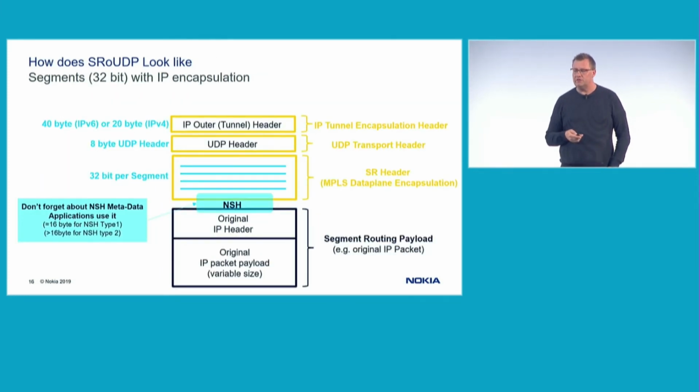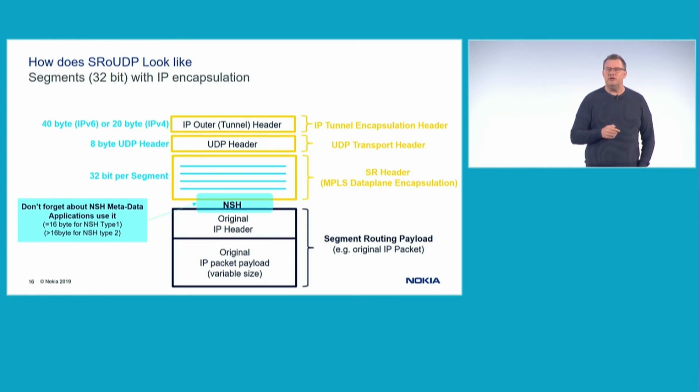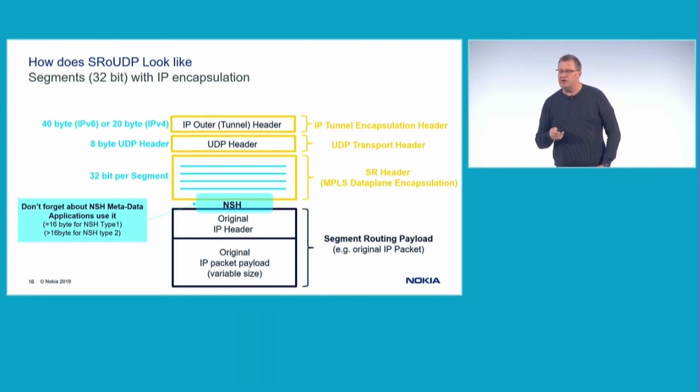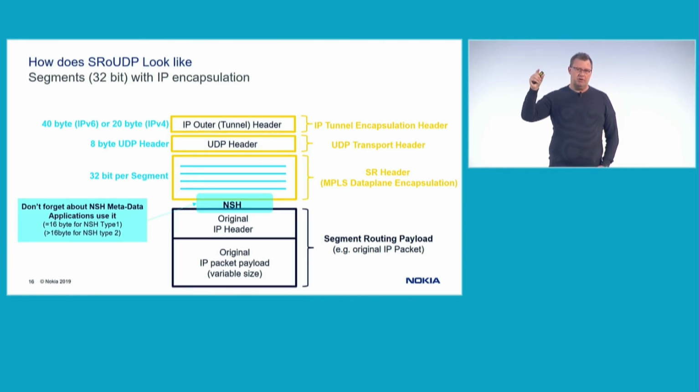So how does it look like? It's very similar to the 128-bit segments for segment routing v6, but things are named a little bit differently here. The first thing we have is our outer IP tunnel header, which is going to be about 20 bytes for IPv4 and about 40 bytes for IPv6.